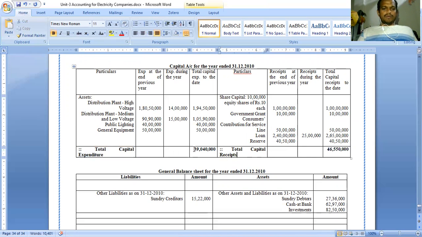So this is the total capital expenditure, in the sense total of assets, all assets.